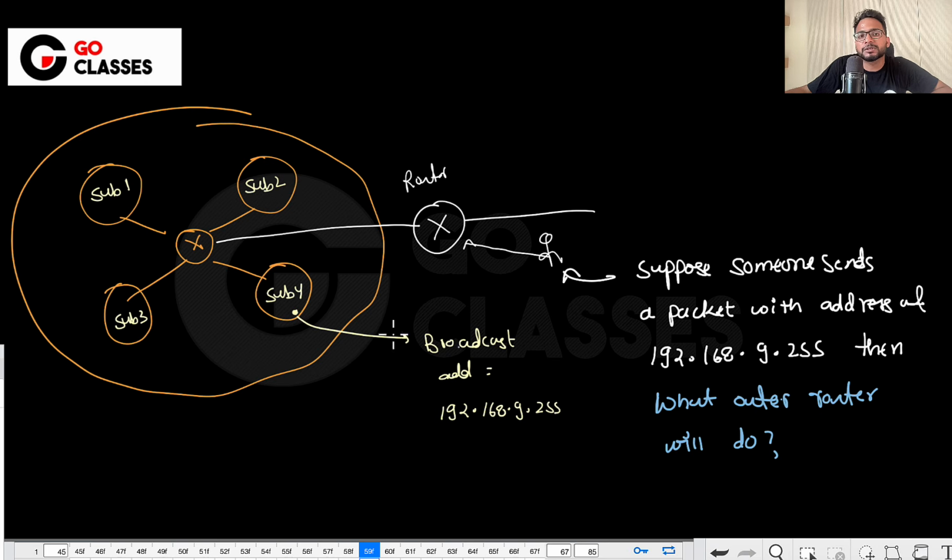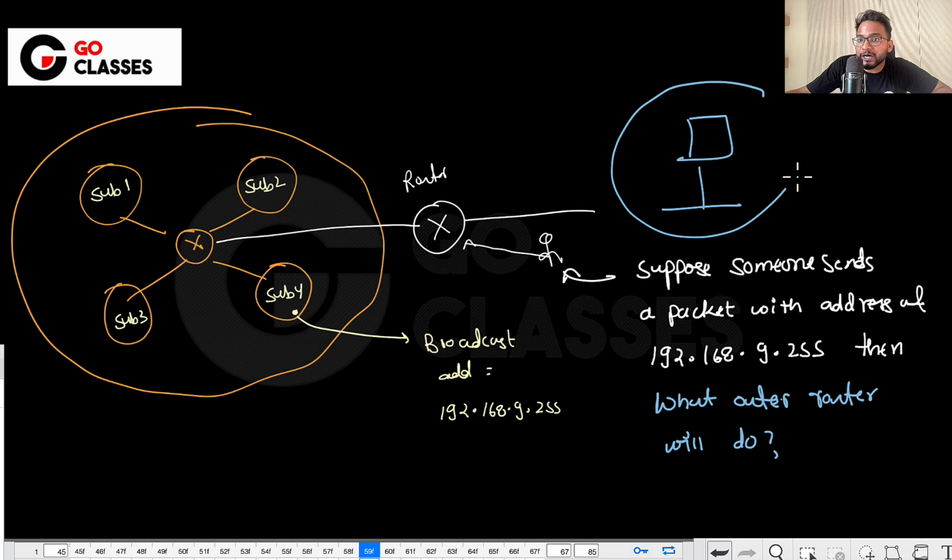One option is that it will forward the packet to all the hosts in all the networks, or it will forward only to this subnet, because this subnet also has this broadcast address, and before division this was the broadcast address of all the hosts. Suppose some host from outside is sending; that host doesn't know about your internal structure.